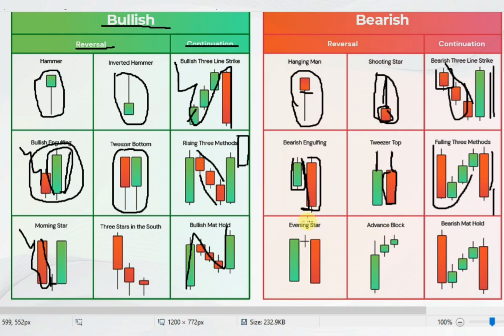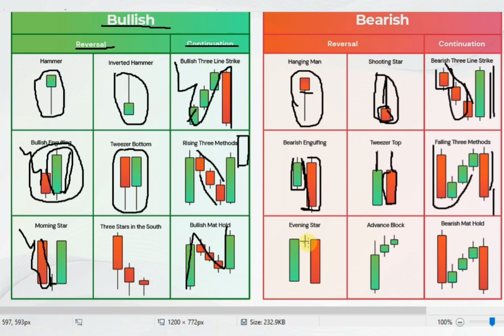All right, so we have the evening star. The evening star candle also indicates that the market was going to the upside, and then all of a sudden the buyers ran away from the market. They took their profits, and now the sellers are in the market. This cross sign you are seeing here is called a doji, and it means indecision, which just means that there are no buyers and no sellers in the market.